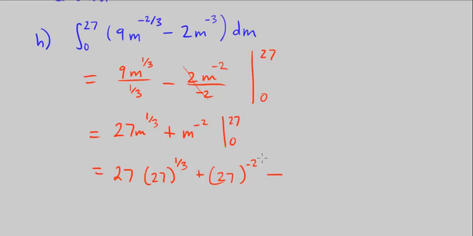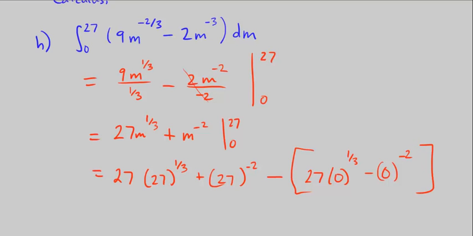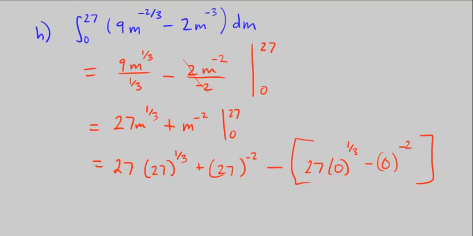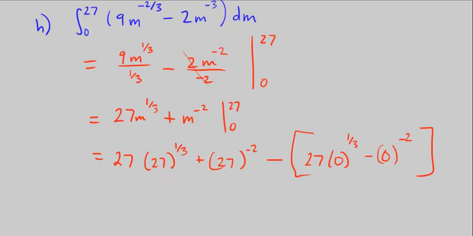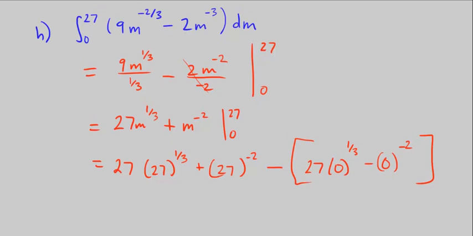Now I'm going to plug in 0. So it's 27 times 0, again this is in parentheses, to the 1/3 power minus m, 0 to the negative 2 power. Okay? All right. So now what do we do next?